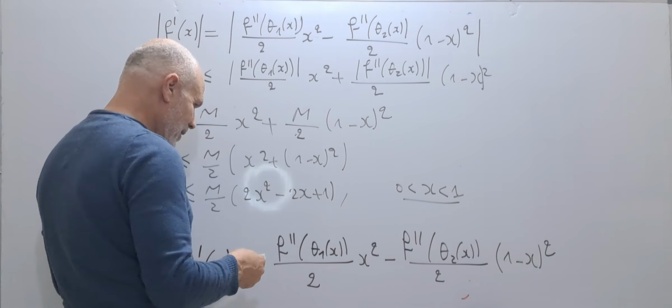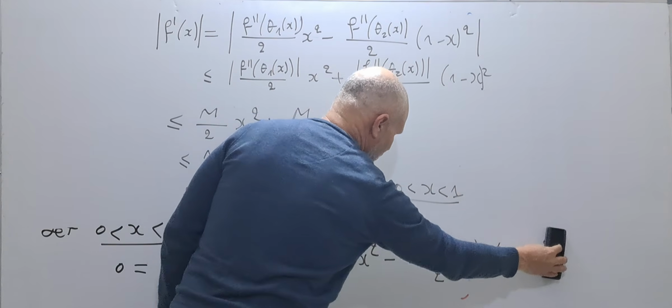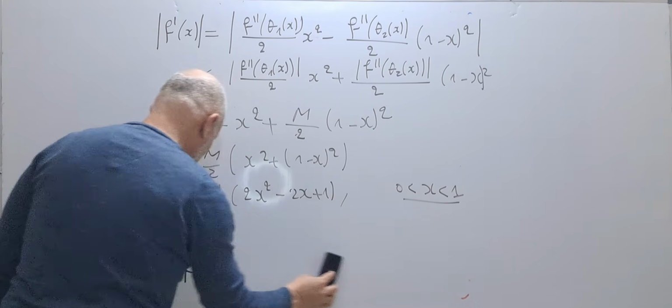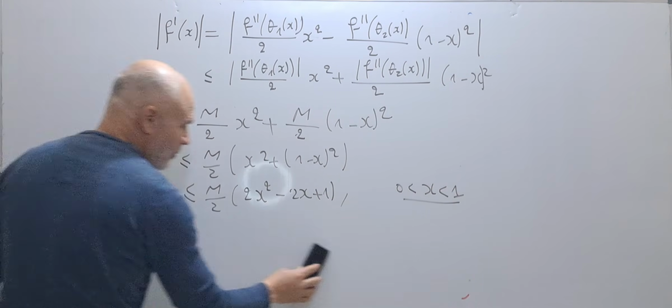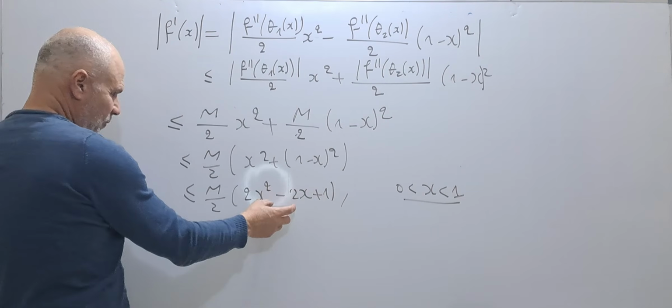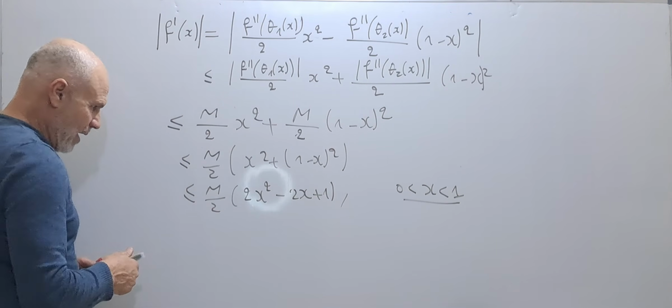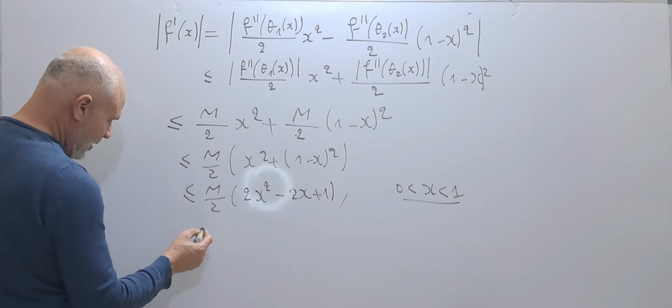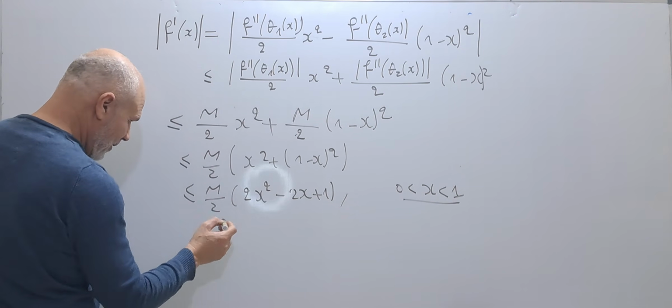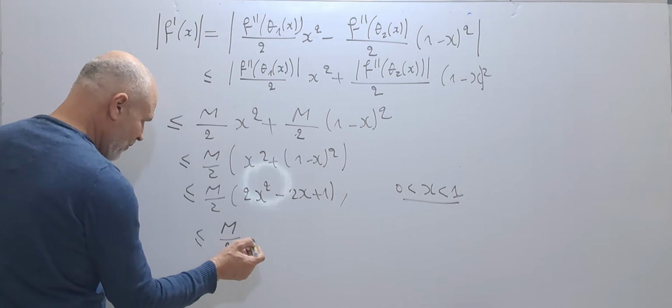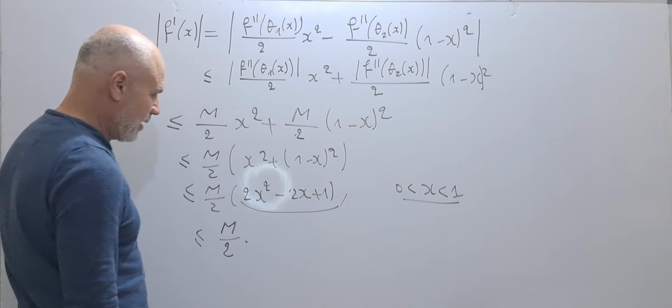We can study this function. We will show that its maximum value is equal to 1, which means this is less than or equal to M over 2. Yes, this we can do easily.